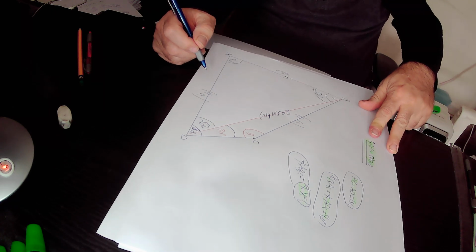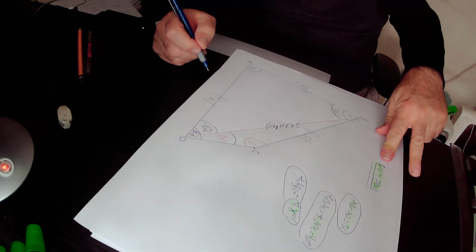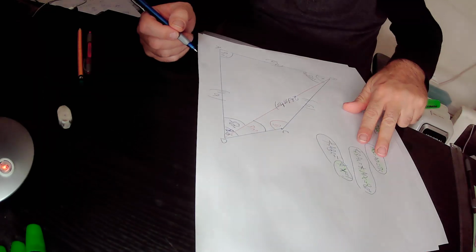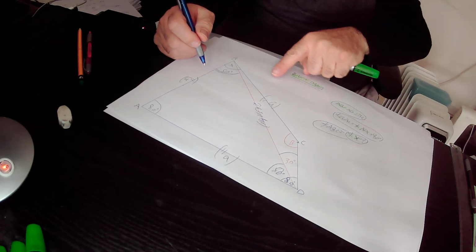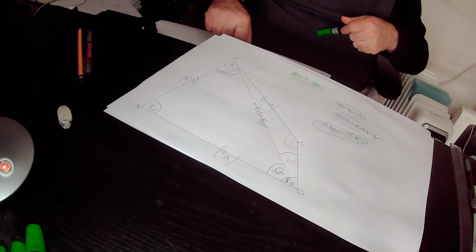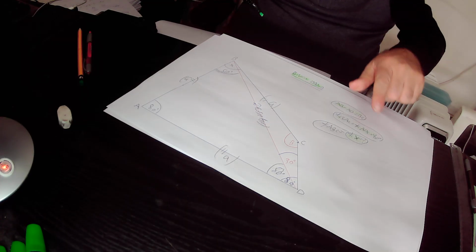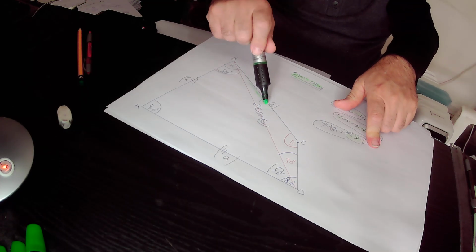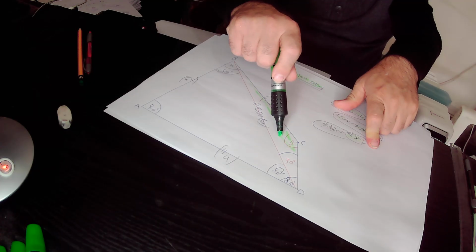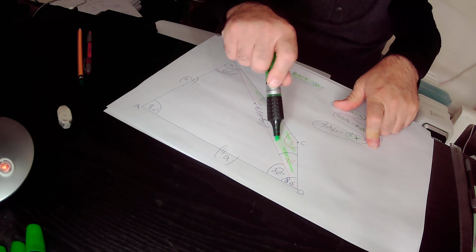In the next step, we will implement the law of sines in this upper triangle BCD, the upper green triangle.